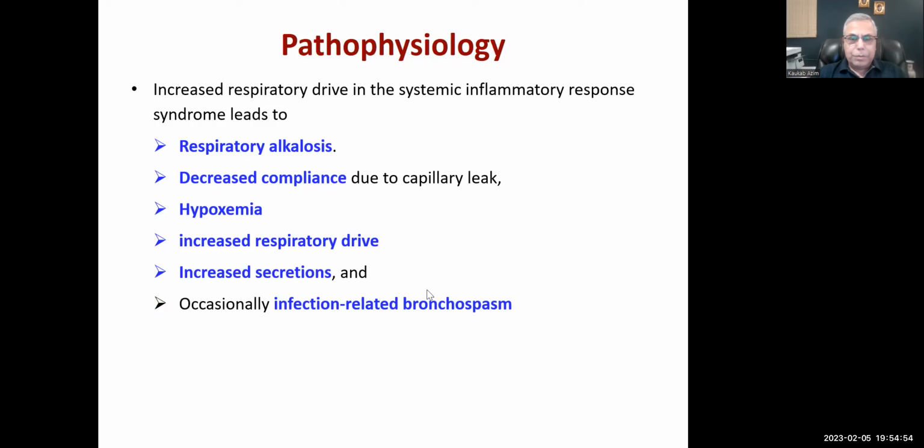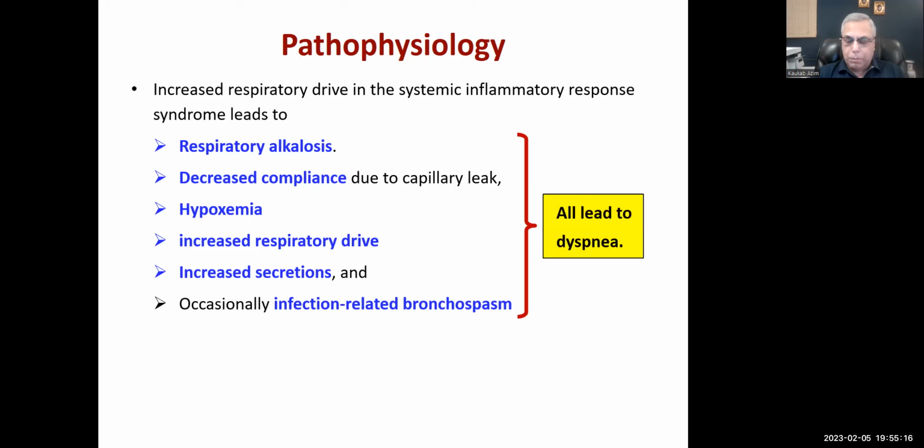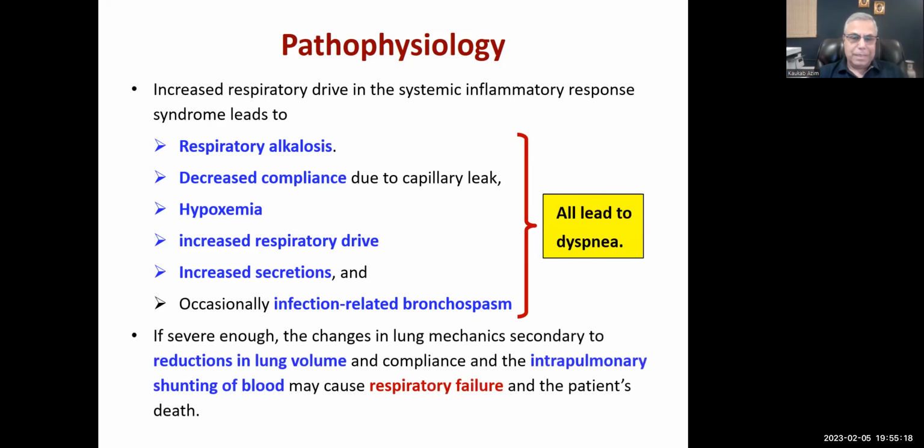I'm mentioning these because you have to treat all these things in cases of pneumonia. If there is bronchospasm, obviously you'll give bronchodilators. If there is hypoxemia, you'll give oxygen, right? You have to treat alkalosis as well. So that is why certain parts of pathophysiology are important. And all of these factors lead to dyspnea, which is difficulty in breathing.